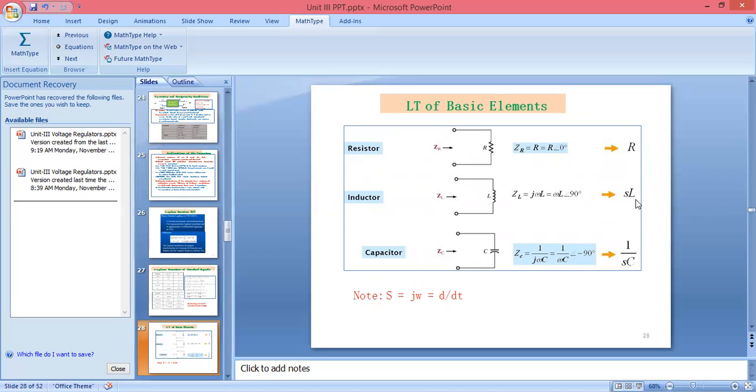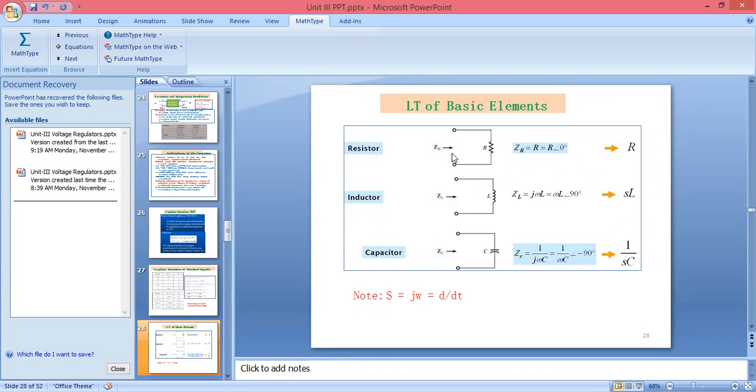As you have seen in RLC circuits, how we calculate the values for voltage and current, like this we are supposed to use Laplace transform in the electrical circuit to derive the Laplace transform of resistor, inductor, and the capacitor. If we are having the resistor, you know how the circuit will look. If there is an inductor, there is a capacitor.